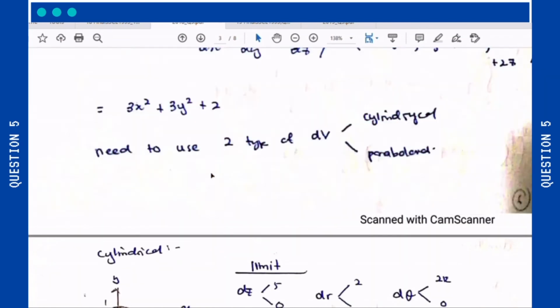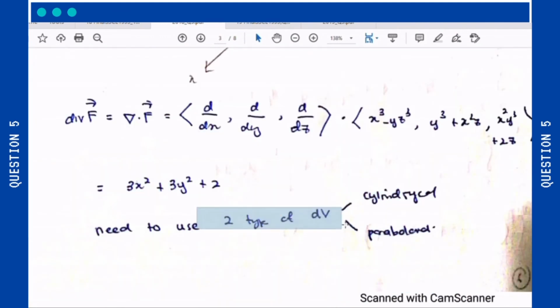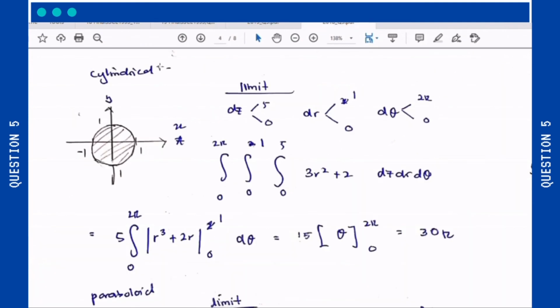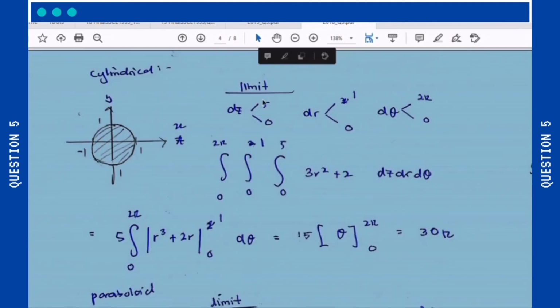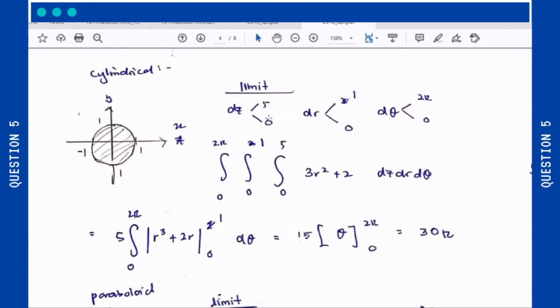Now we need to find two volumes. First, the volume of the cylinder, for which I list the limits here. Z is from 0 to 5 as the height, and r is the radius of this circle area, from 0 to 1.